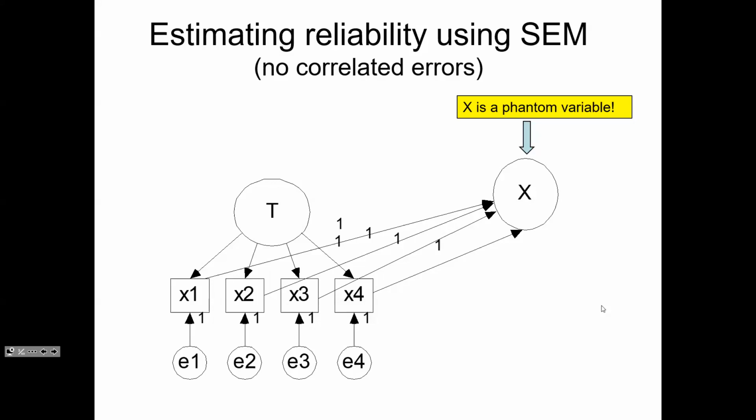So here's the thing. This whole entire semester, we've talked about what are called reflective models, where we've always assumed that the latent variable is causing the responses to the observed variables.